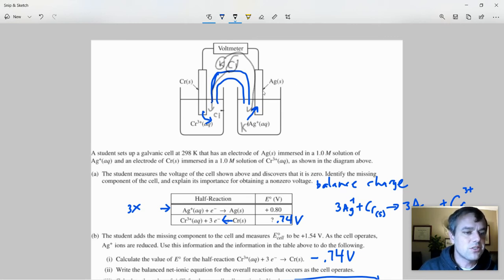Also, since electrons are being gained by the silver, the electrons would flow through the wire from the left side to the right side.